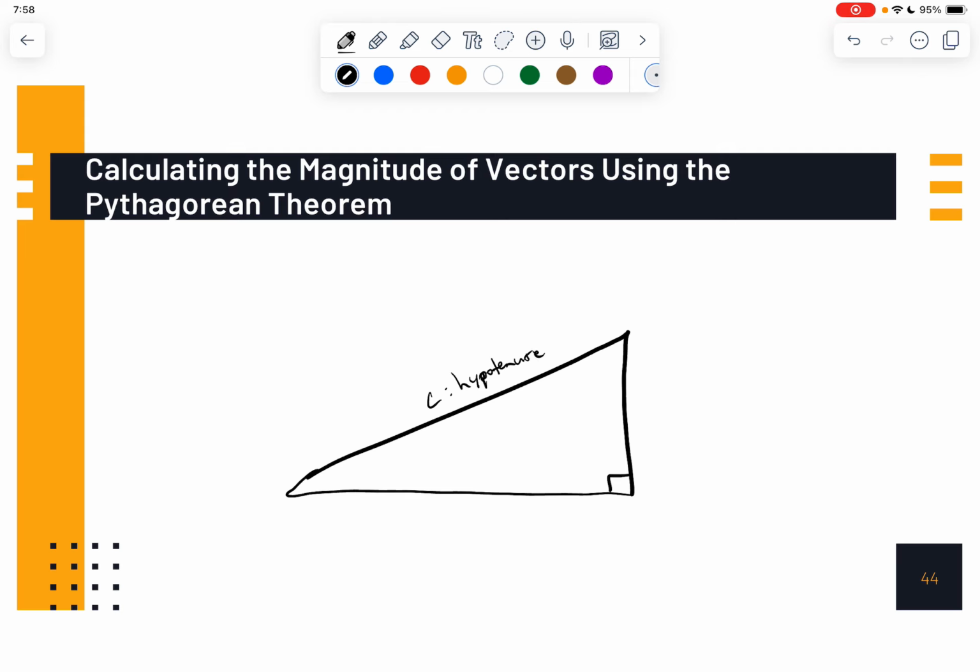Our other sides we're going to call A and B. So what our Pythagorean theorem says is that A squared plus B squared is equal to C squared. And our job here is to solve for C. That value for C, that's going to be the displacement of our object.